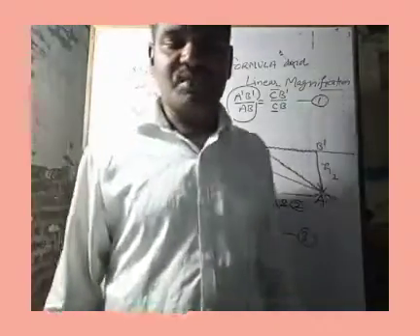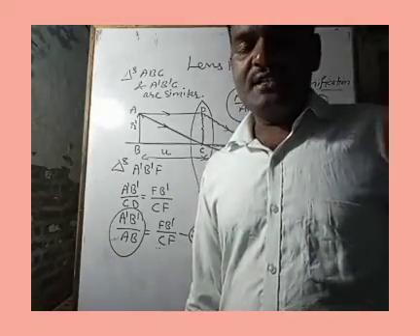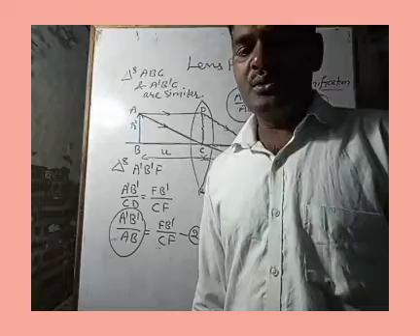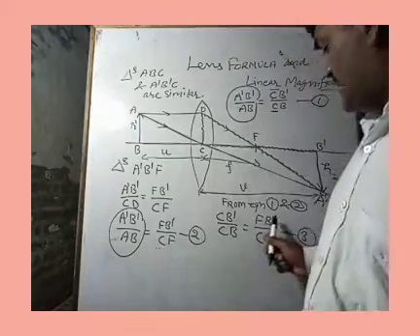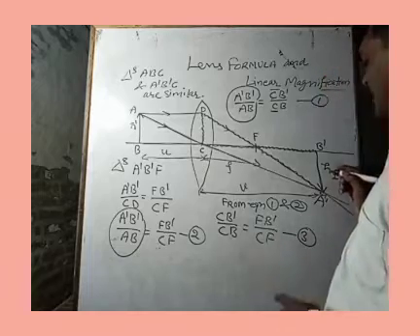Equation number 3 is CB dash by CB is equal to FB dash by CF.